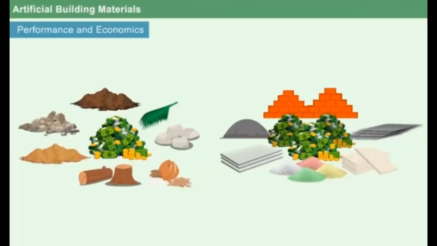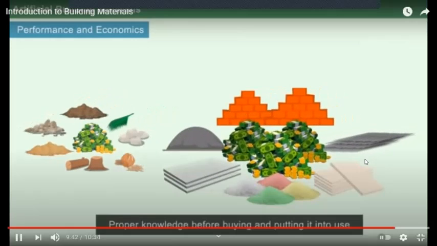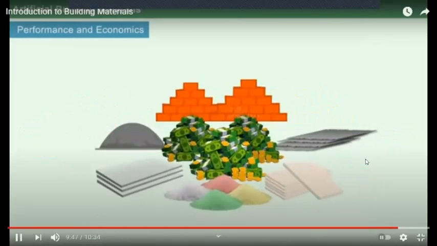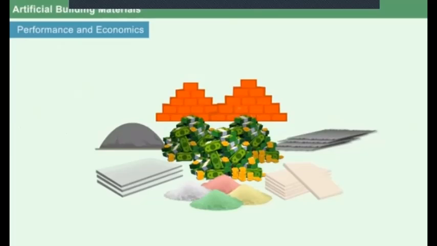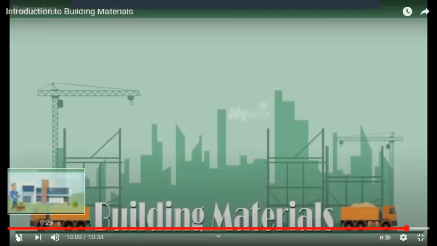When compared to natural materials, they are a little expensive and require proper knowledge before buying and putting them into use. Some of the factors to be considered while selecting the building materials are utility, durability, availability, ease of maintenance, and cost.